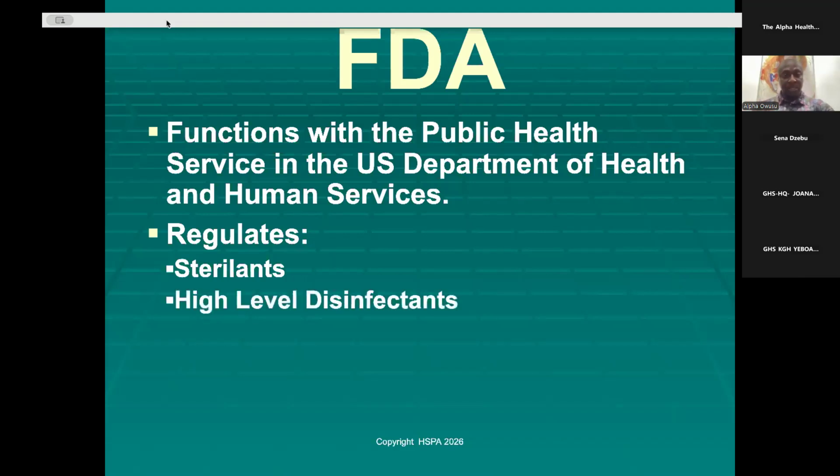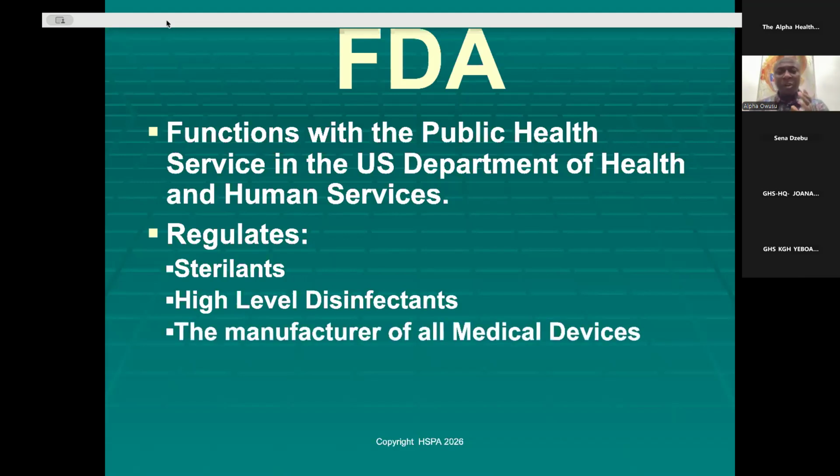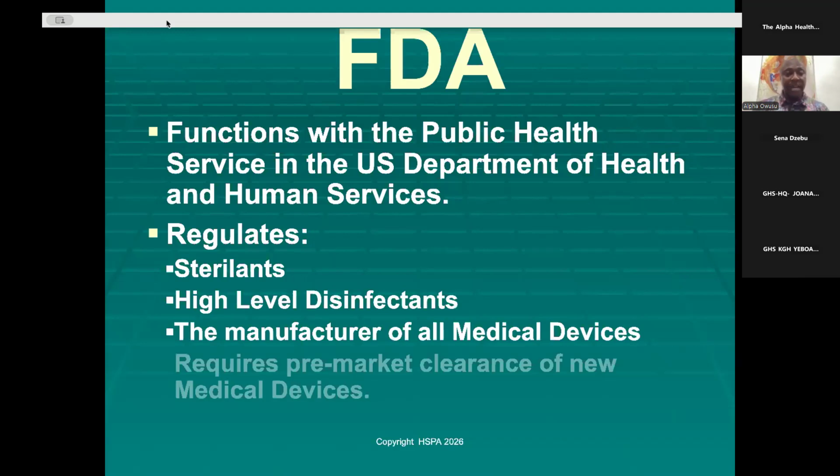They regulate this, they regulate high level disinfection. The sterile processing technician should know this. And trust me, this is going to come in your exams. The manufacturer of the device, the FDA does that.